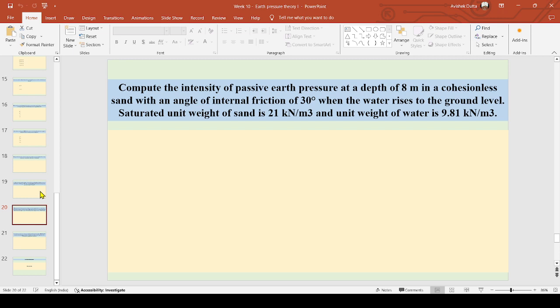So you have to find out the passive pressure at a depth of 8 meter. Again, it's a cohesionless sand with an angle of friction of 30 degree, but the condition is the water has risen to the ground level. The saturated unit weight has been given 21 kilonewton per meter cube and the unit weight of water, gamma W, is 9.81 kilonewton per meter cube.